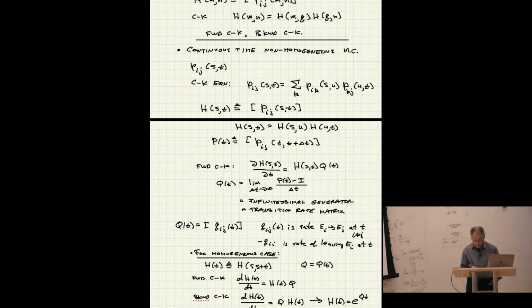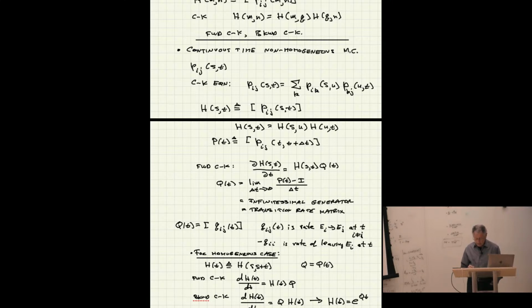It turns out that this matrix can go to basically a continuous time version. What is it? It consists of the elements I just defined, the time-dependent Pij's. That leads to a relationship among the H's, obviously given this way. You're going from s to u, then u to t.